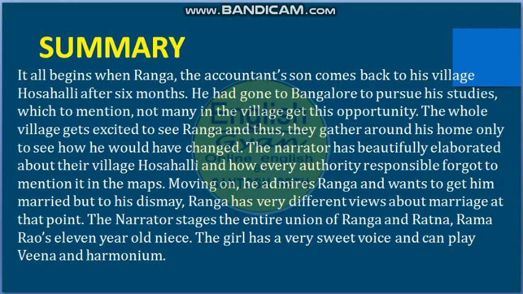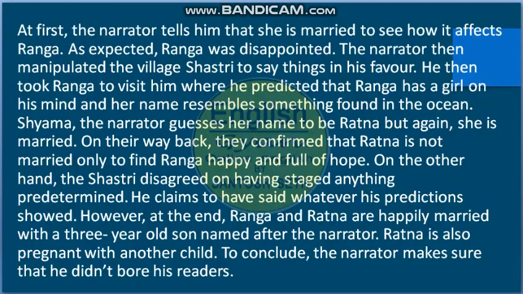The girl has a very sweet voice and can play veena and harmonium. At first, the narrator tells him that she is married to see how it affects Ranga. As expected, Ranga was disappointed.